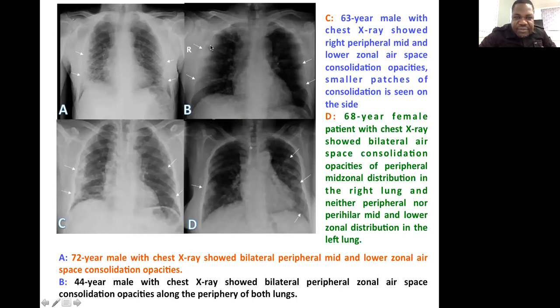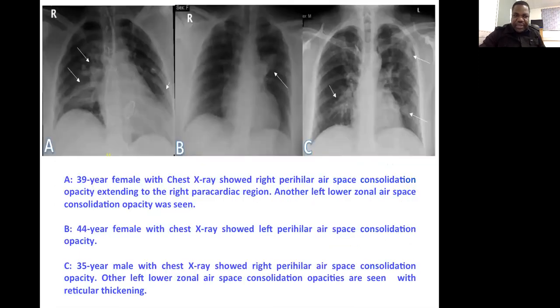And you can also see in this patient peripheral consolidation. It's a typical clinical radiological presentation in a patient with COVID-19 pneumonia.